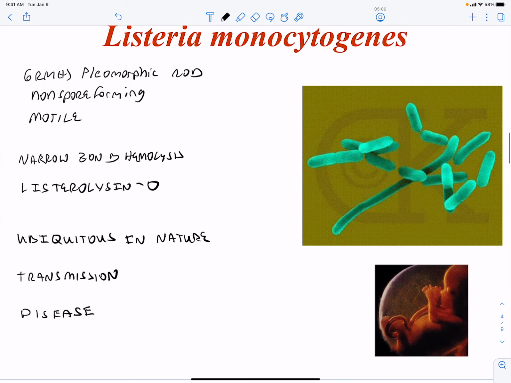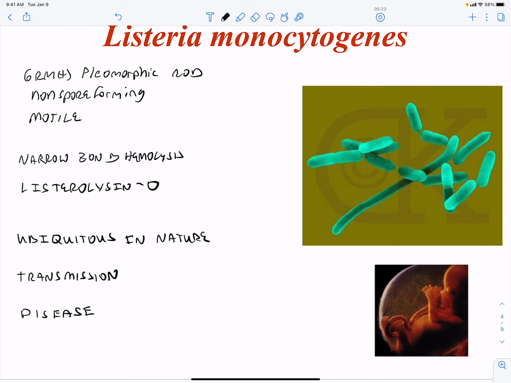Now next up is Listeria. Listeria, again, is also pleomorphic, but doesn't make those fancy Chinese letters that our diphtheria did, and it is non-spore forming, whereas diphtheria can form spores. Your Listeria monocytogenes does not.